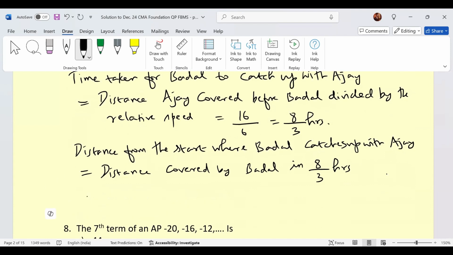That is equal to the speed of Badal, which is 10 kilometer per hour, multiplied by 8 by 3, which will be 80 by 3 or 26.67 kilometer.